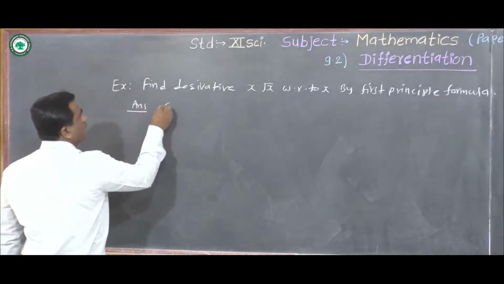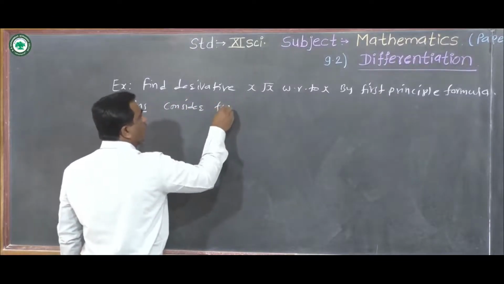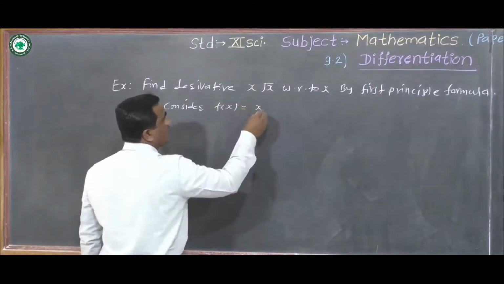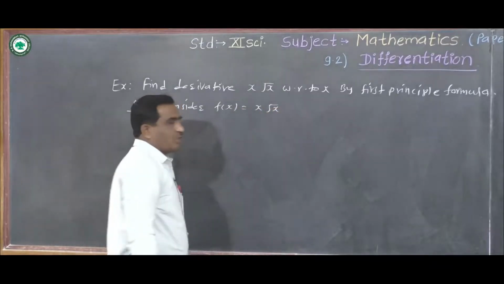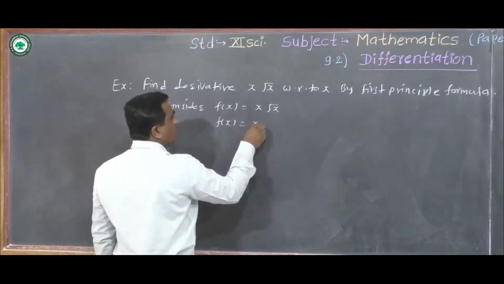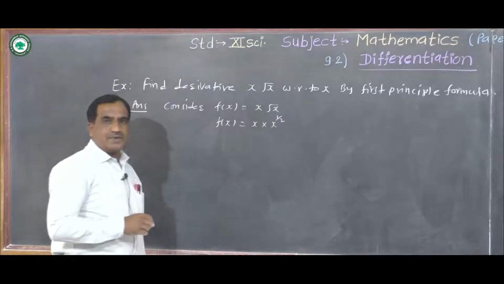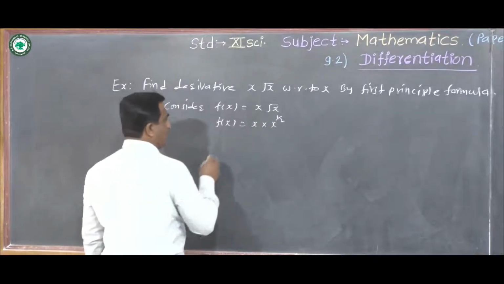example, consider f of x equal to x into root x. Now under root x means x raised to 1 by 2 here. F of x equal to x into x raised to 1 by 2. A base is equal, take addition of the index by rules of indices.